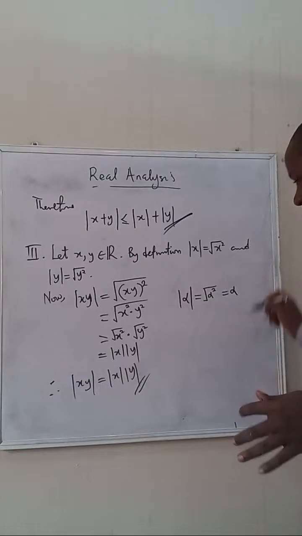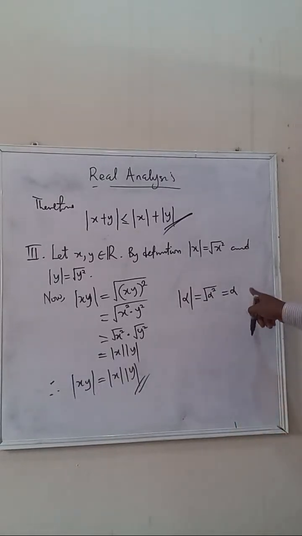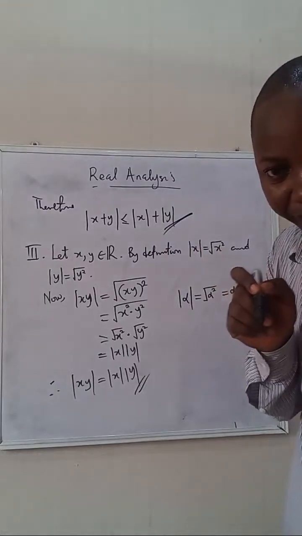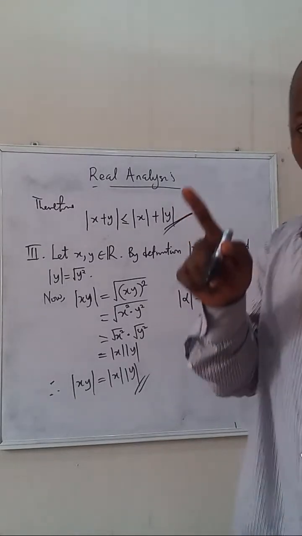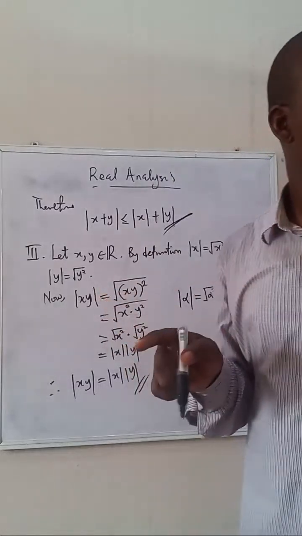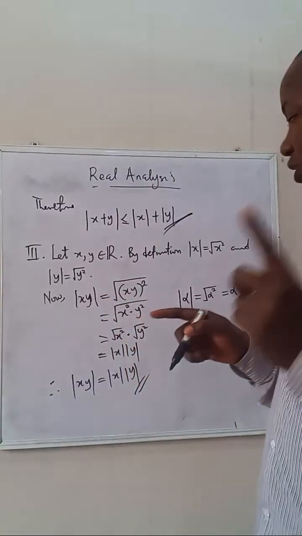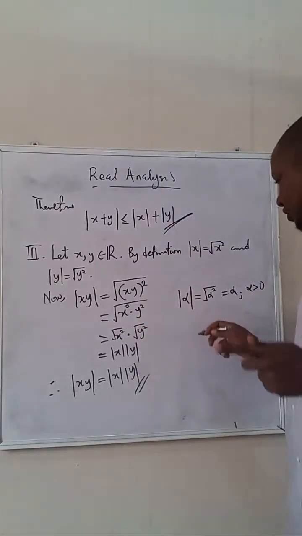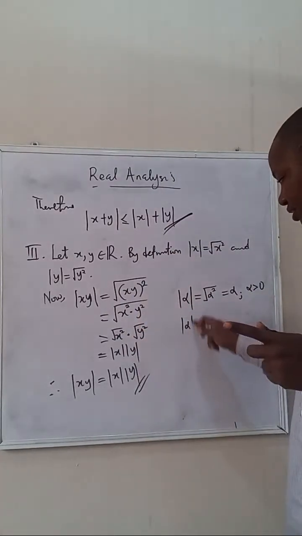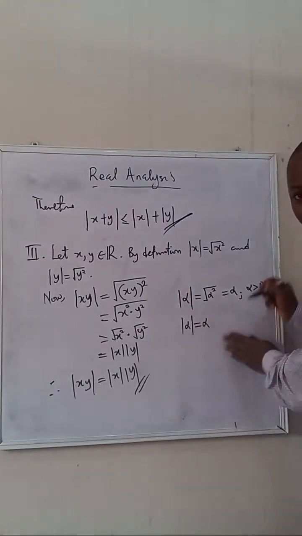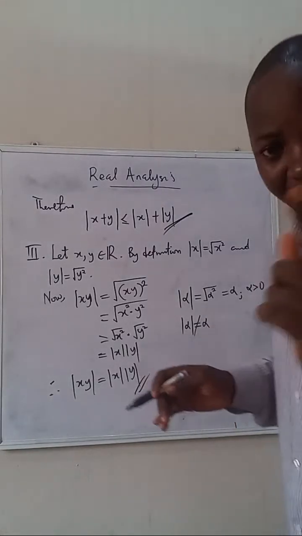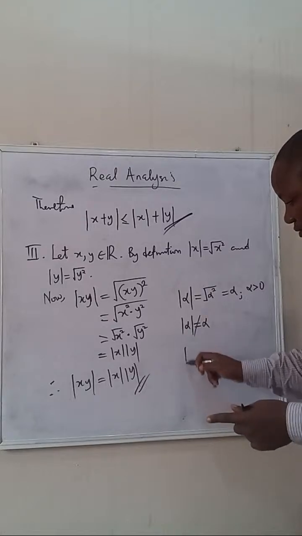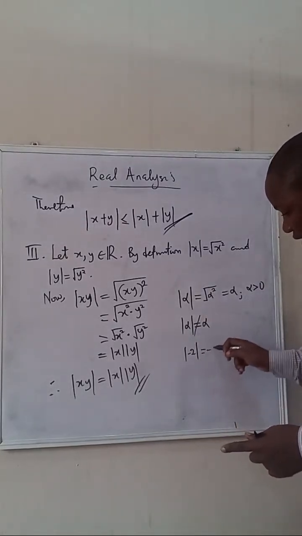If you are writing it as alpha, it must come with the condition that alpha is positive, because when you take the absolute value of a term, it does not remain the same. If you write this without any condition, this is not true, because alpha can be a negative number. If alpha is a negative number, can we say this happens?